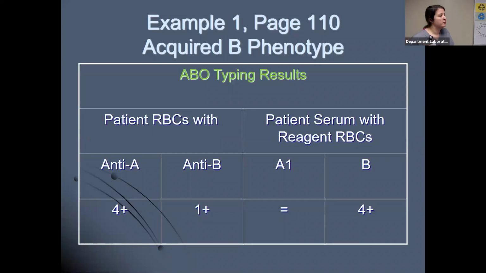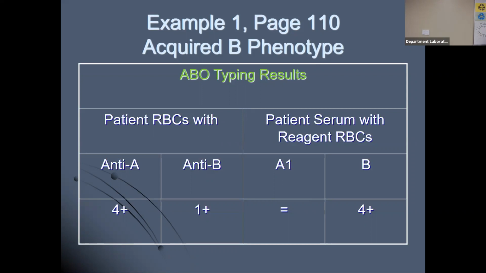So let's look at a situation where it's opposite. This patient has a reaction with anti-A, 4+, anti-B, 1+. What's your front type like? AB, but your back type, you have a negative reaction with A1 cells and a 4+ reaction with B cells.